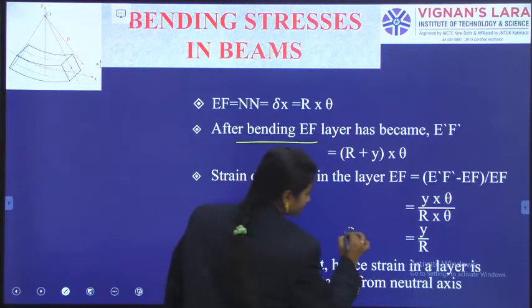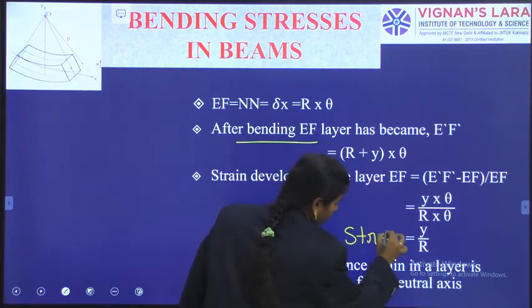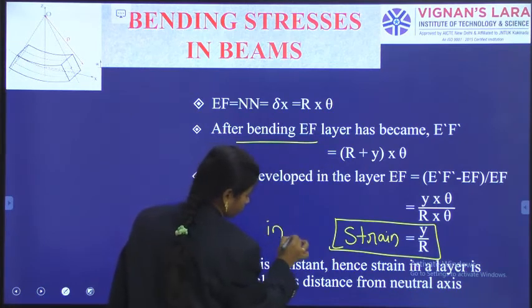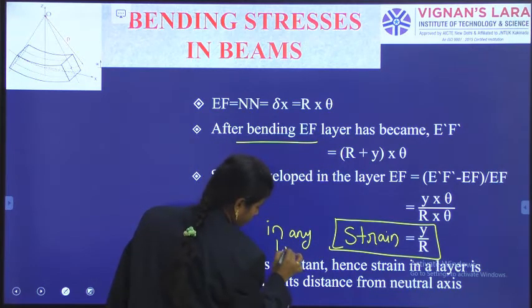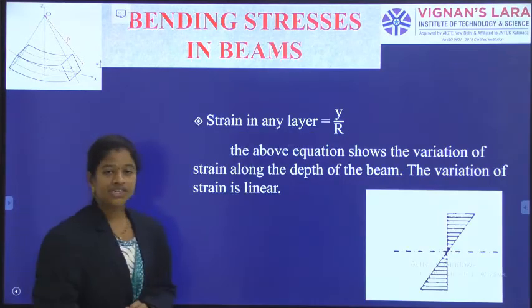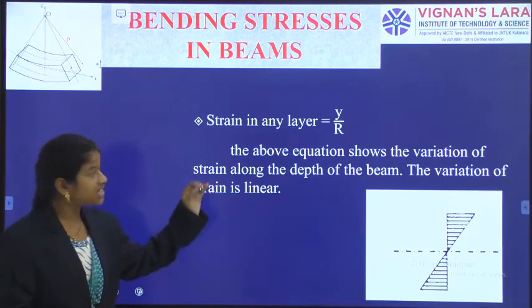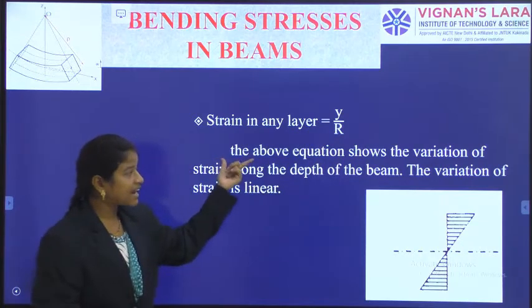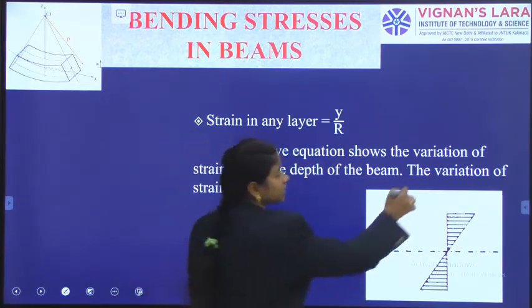So finally, for this observation, when we represent in a picture, strain in any layer is equal to y by r, it is indicating the above equation. What is it saying?